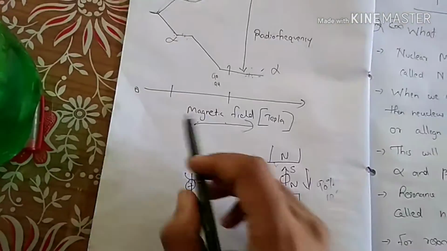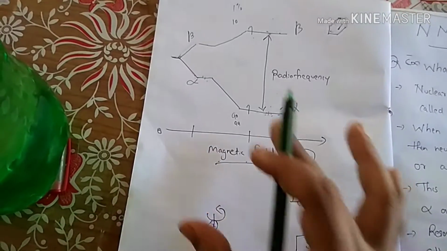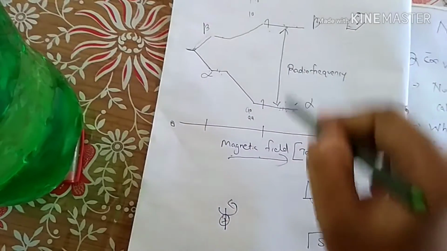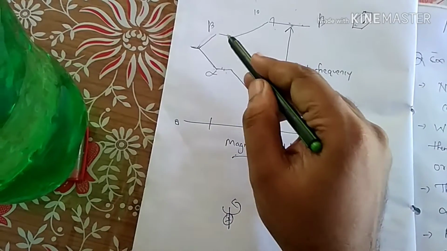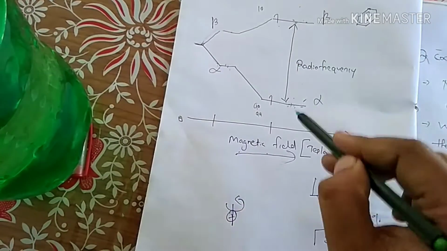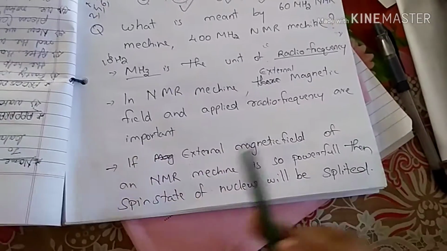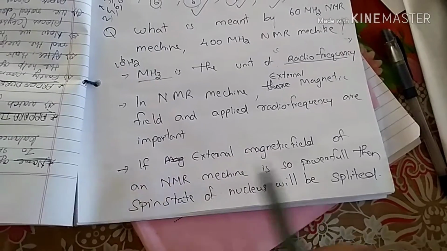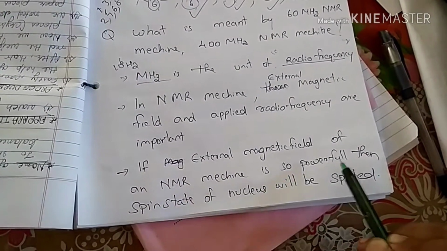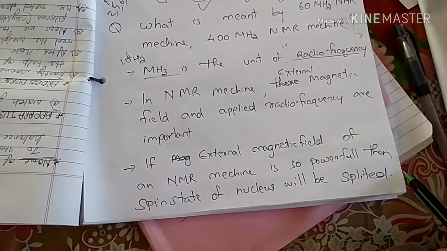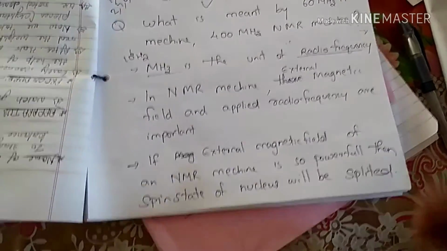We have seen that as the magnetic field increases, the energy difference between the spin states will increase. If the external magnetic field of an NMR machine is so powerful, then the spin states of the nucleus will be split and the energy of the split spin states will increase.